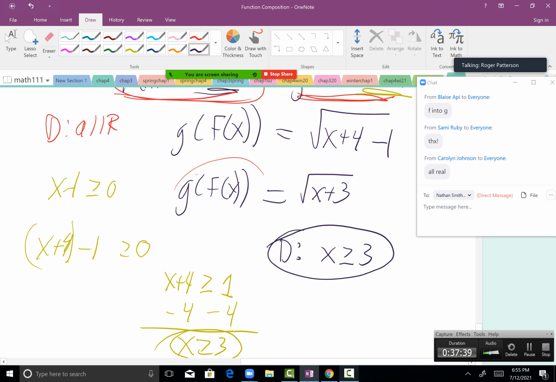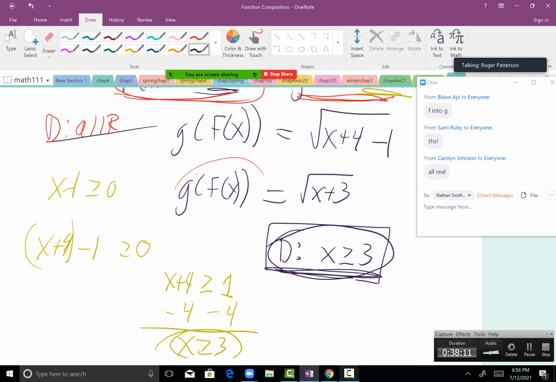You say, well, didn't you ignore the thing up here? I did not ignore it. It's just that it's all real numbers. But the numbers that I get out of there have to be greater than or equal to 1. And the only way that's going to happen is if I restrict that to just be greater than or equal to 3.